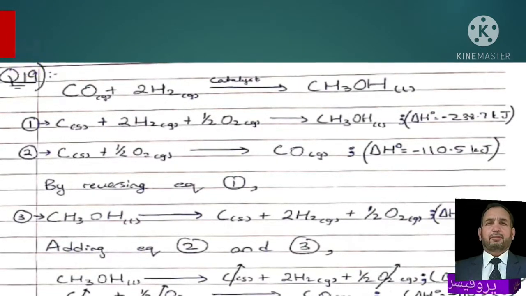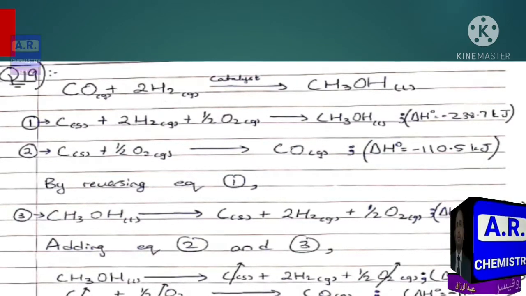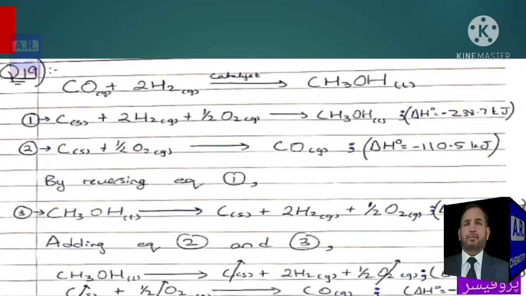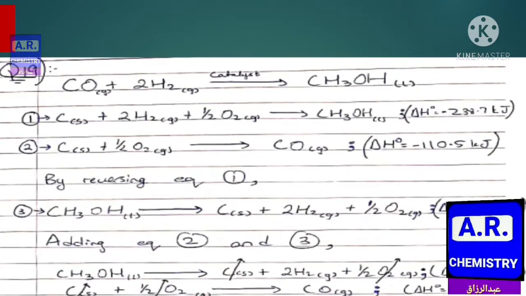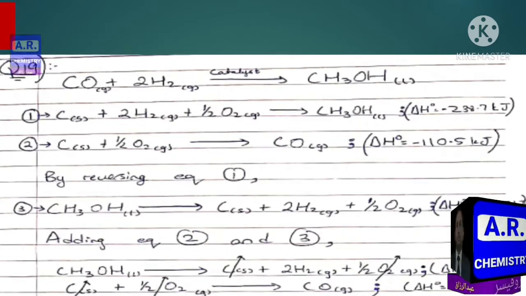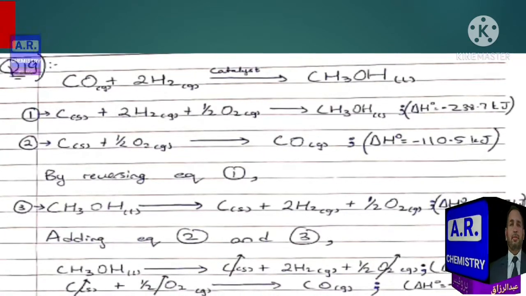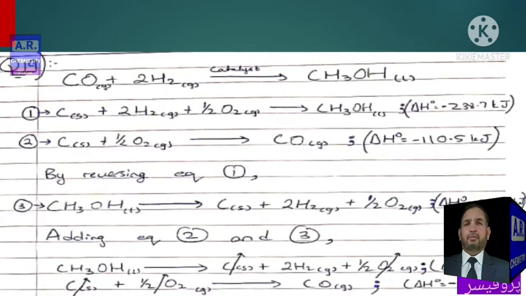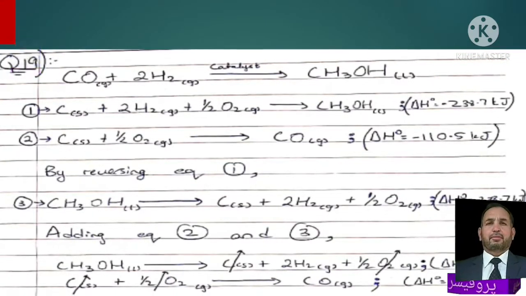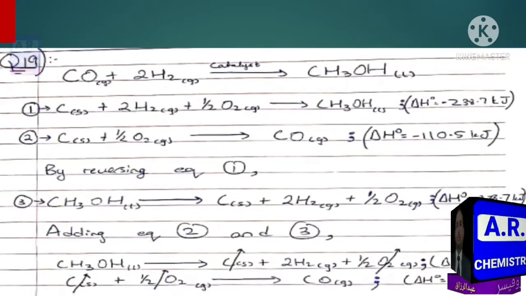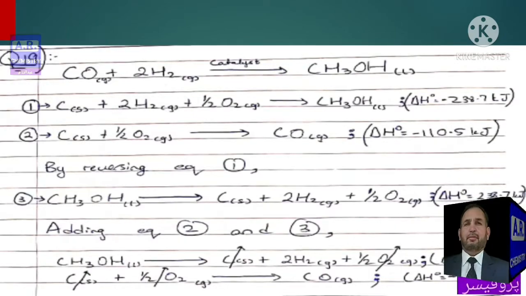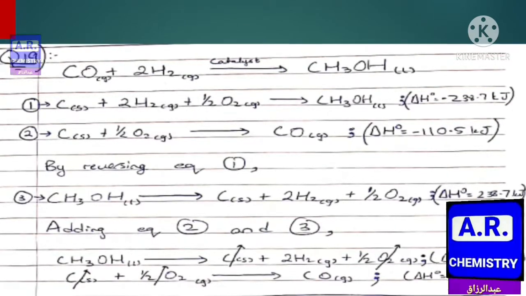That is written here as equation number 1. Carbon plus 2H2 plus half O2 gives methanol, and the enthalpy of formation of methanol is minus 238.7 kilojoules per mole.